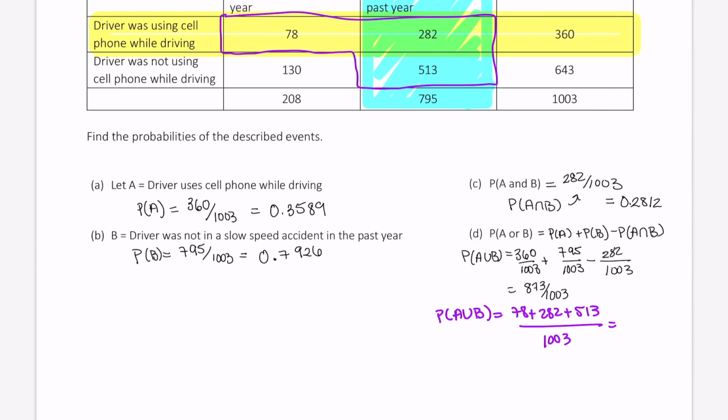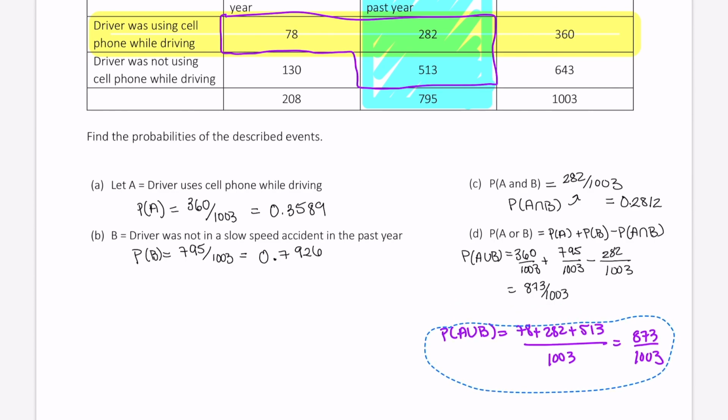And what that's going to give us is 873 over 1003. So either way, the probability is the same. And what we end up with as a decimal is 0.8704.